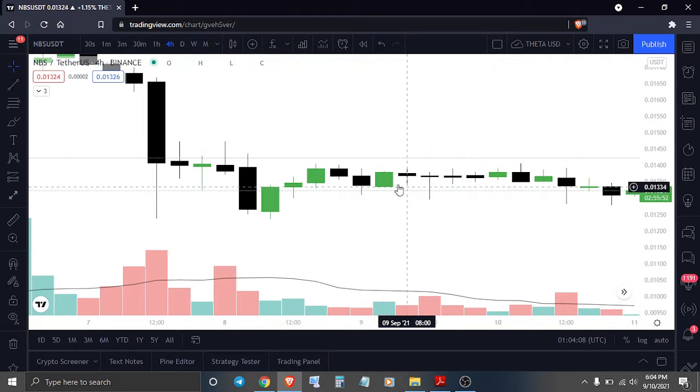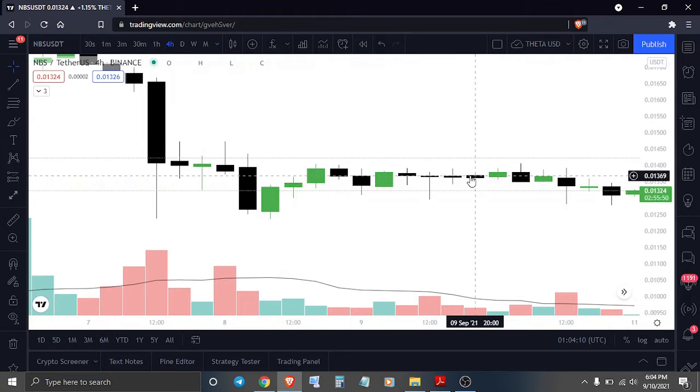The same thing with this bearish candle here. It's the same procedure, just pretty opposite. It opened at the price of 0.013, and it went down, went up again to the highest here, 0.037.